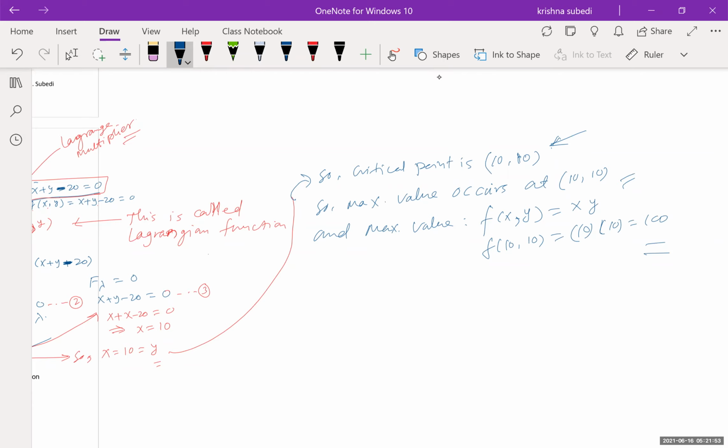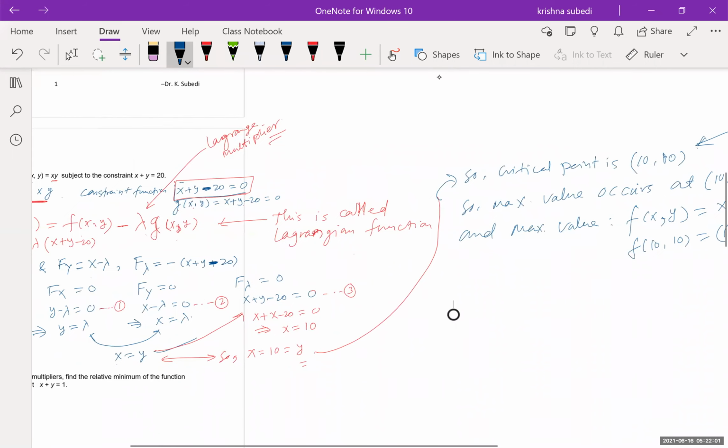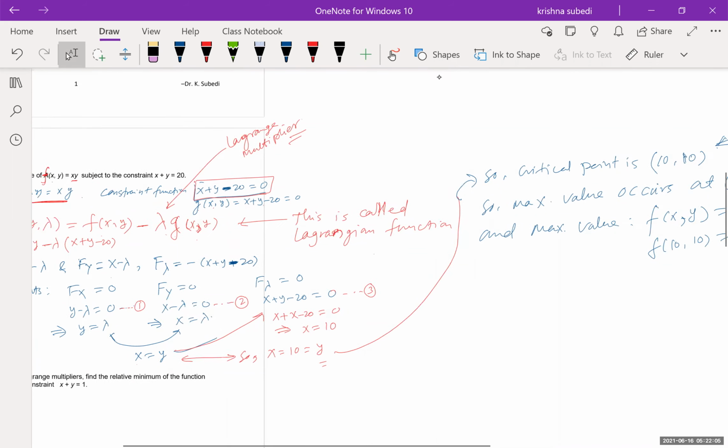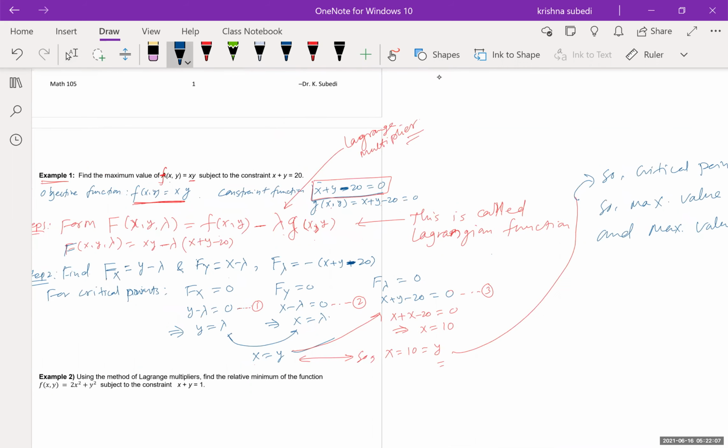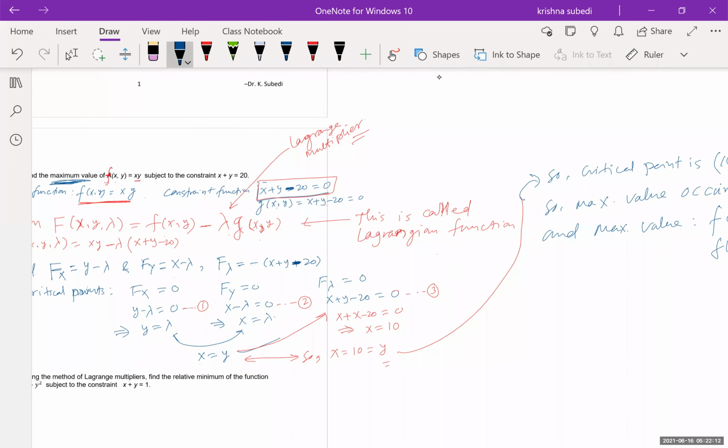The mathematical proof that this is a maximum is not required as long as you follow the Lagrange multiplier method in this course, in all the questions. If the question tells you to find the maximum value, you will end up with a maximum value. If it says minimum value, in general you will end up with a minimum value.